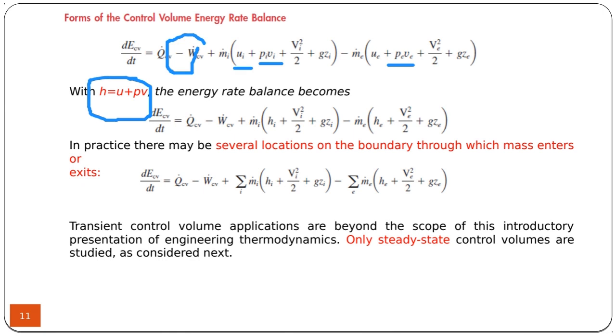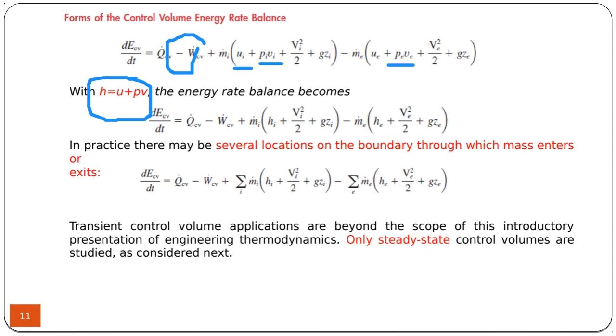So this is the net energy due to the flow of the streams. One is carried into the control volume, the other is carried out of the control volume. So the net change is going to give you the change of the energy inside the control volume per unit time.